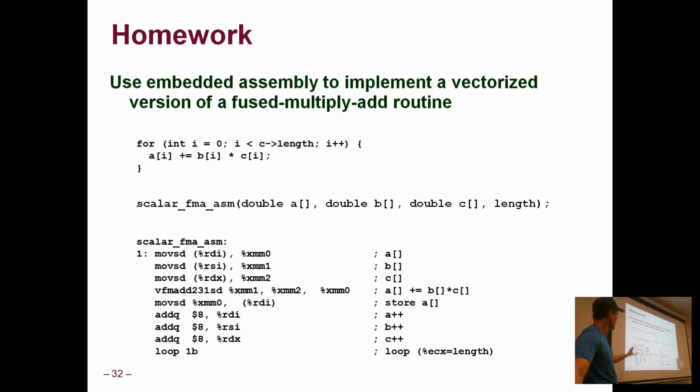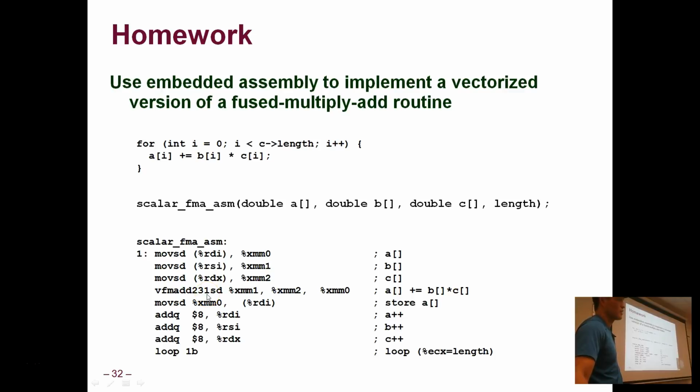So here is the scalar FMA implementation that we give you. Within this function, this is a move of scalar double precision into XMM0, and then XMM1 and XMM2. This gets A, B, and C, whichever those elements are, based on those pointers. Then this is a fused multiply-add with operands 2, 3, and 1.